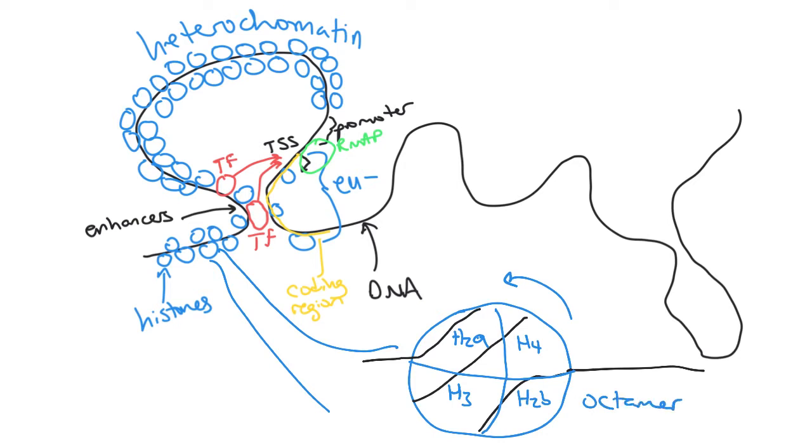And each of those histone proteins has, at its amino terminus of the amino acid sequence, some lysine residues. And in this case, I'll say that the 9th amino acid in the histone is often a lysine. So that's K9, a lysine at position 9 of the amino acid. And those lysines can be chemically modified, and this is called epigenetics. And when histone lysine 9 has an acetyl group added to it, that is a mark of euchromatin.